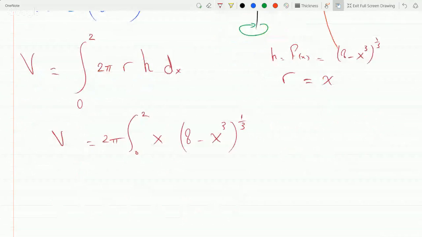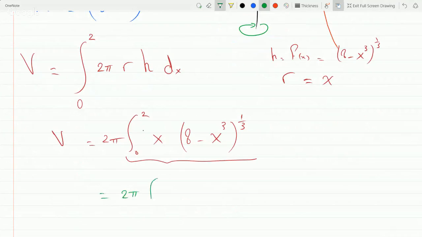And this integral, we can rewrite it as a beta function. So we could factor out the 8 to the 1/3 times x, times x (1 minus x cubed over 8) to the 1/3.